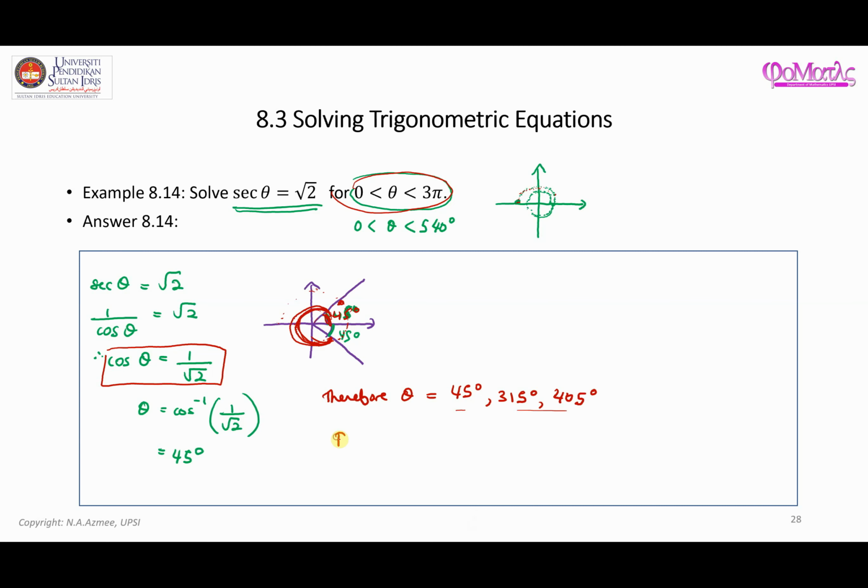So finally theta expressed in radians is pi over 4, 7 over 4 pi and 9 over 4 pi.